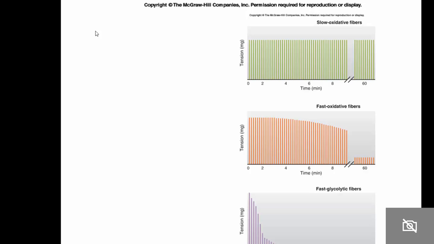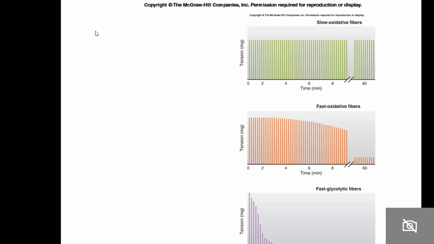Okay. So here's 3 types of muscle cells. Within muscle fibers, there's different subtypes. There are what are called slow oxidative, fast oxidative, and fast glycolytic. If you look at this, it's the amount of tension in milligrams, doesn't matter, over time.